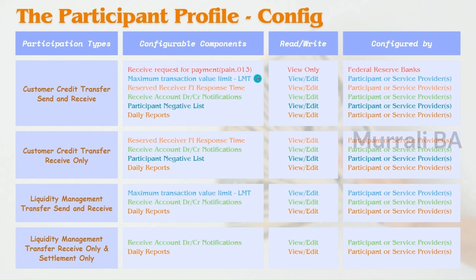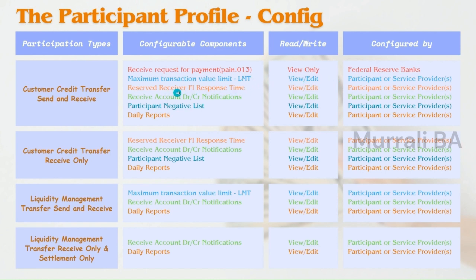Then you can keep it at $100,000 as defined by FedNow, or you can set it at $50,000 or $60,000, whatever you choose for your bank. So whenever a customer initiates a message that exceeds the limit set by you, say you set $50,000 and the customer tries to initiate $55,000, then it will be rejected. That limit you can again view and edit in this profile itself.